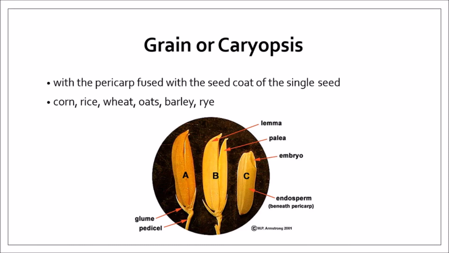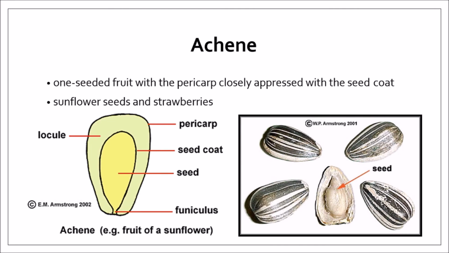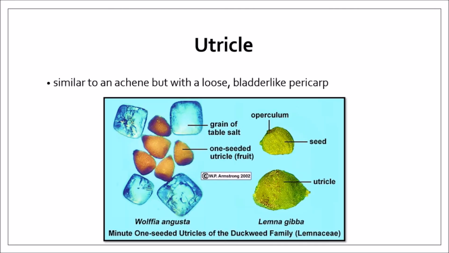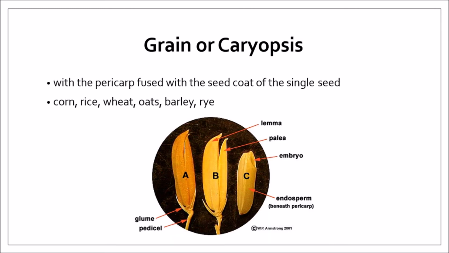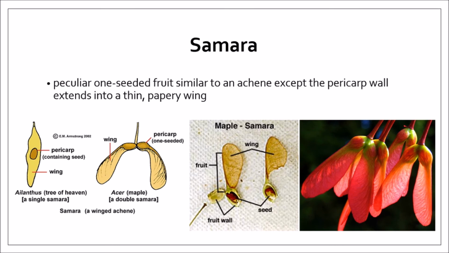If the pericarp is fused with the seed coat of the single seed, it is then called grain or caryopsis. Remember the first one, the achene, is just pressed, lying against the seed coat. The next, medyo loose, and this time fused or united. Samara is similar to an achene except that the pericarp wall extends into a thin, papery wing.